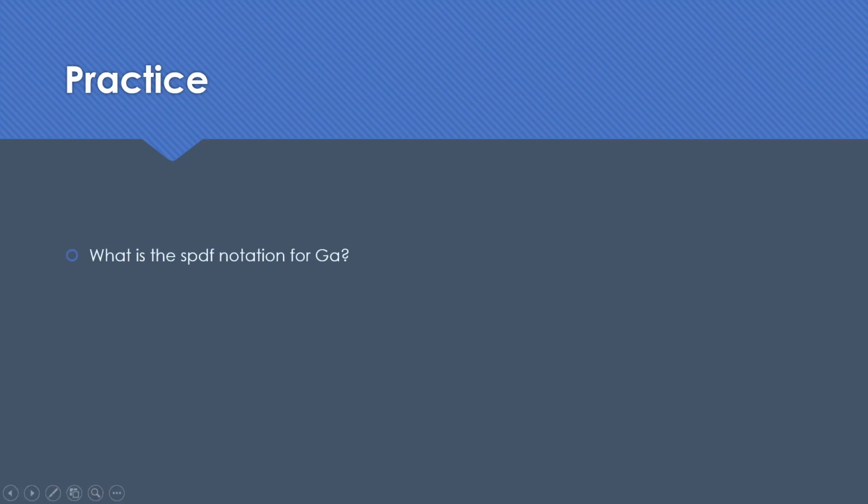SPDF notation for gallium? All right, well, we look up gallium, and gallium's in row 4, and it's the first one in the P block. So remember, it's going to have everything that comes before it.